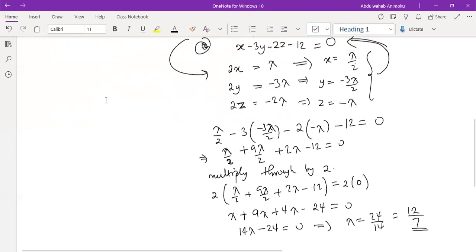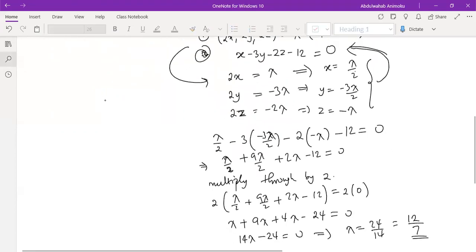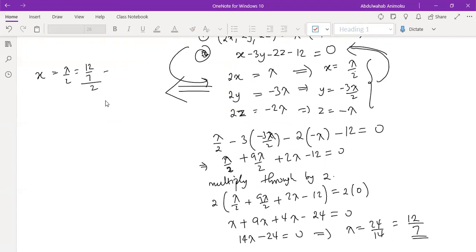Now we can go back and substitute for x, y, z. So let's see. Don't forget, we have this equation here. So x is lambda over 2, which is 12 over 7 divided by 2. That is 12 over 14, which is basically 6 over 7. Now for y, that will be minus 3 over 2 times lambda, which is 12 over 7.